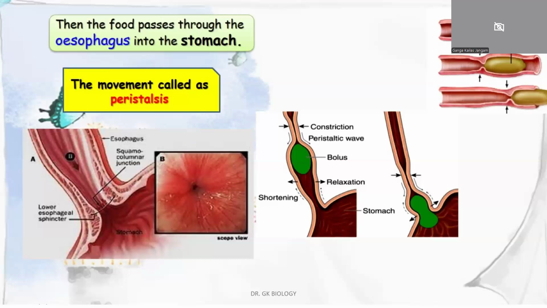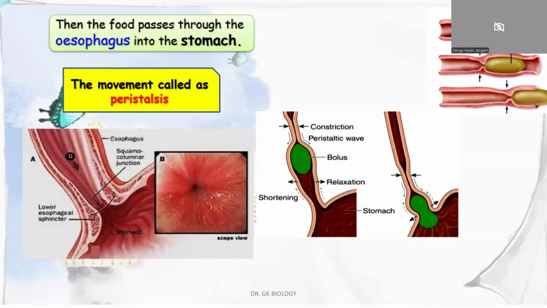The peristaltic movement, as you can see in the first and second pictures, is the contraction of the walls of the alimentary canal. Peristalsis is nothing but the rhythmic contractions and relaxations of the walls of the esophagus. Sometimes it comes in your MCQs or objective questions: what do you mean by peristalsis?